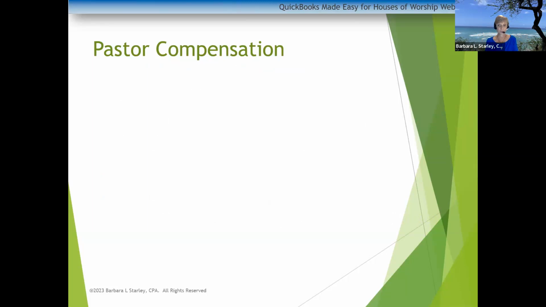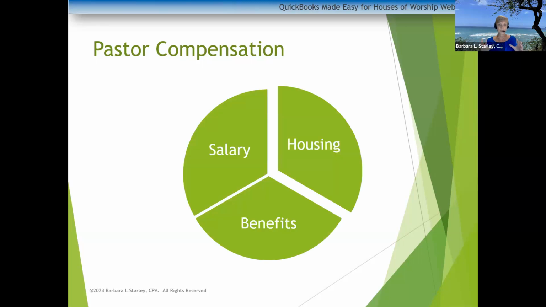What I want to suggest to you instead is that you think about pastor compensation as a pie. And out of that pie, a piece is set aside for housing.